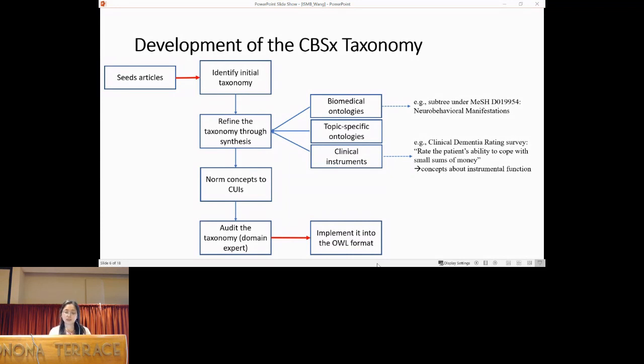We then asked one of the authors, who is a physician specialized in aging and neurodegenerative diseases, to audit this taxonomy. After that, we implemented the taxonomy in all formats and released it publicly.